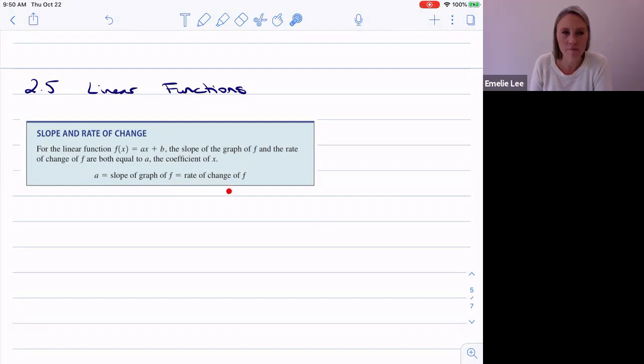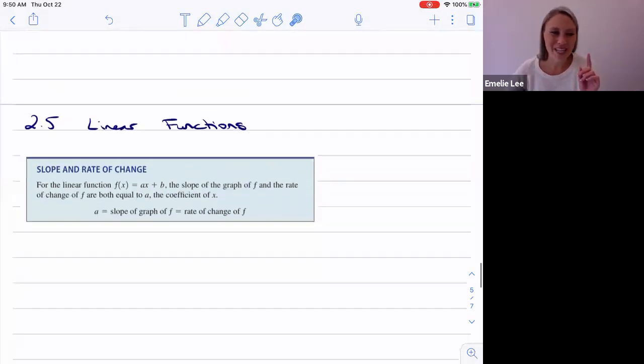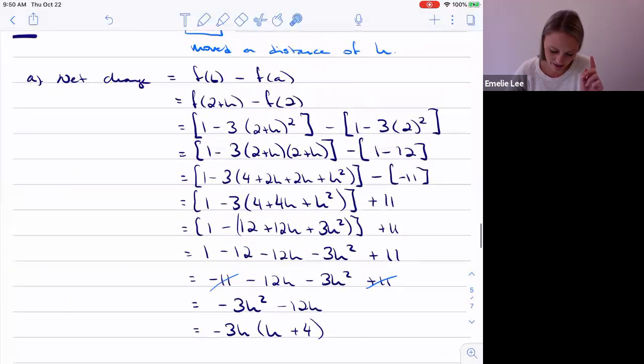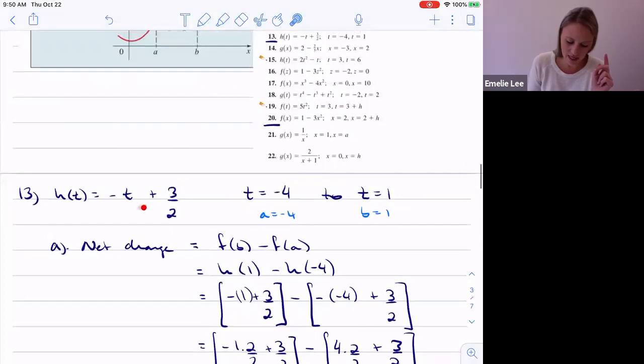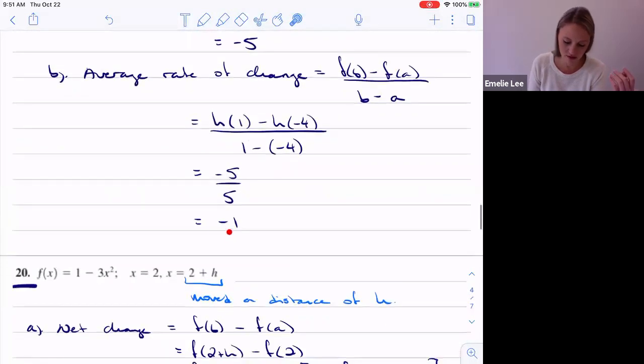And so a is the slope of the graph of f, which is the same as the rate of change. Okay? In the first example that we did, here we have a linear equation. x is t in this case, but that's okay. Our slope would be negative 1, and our y-intercept is 3 over 2. What did we find our average rate of change to be?